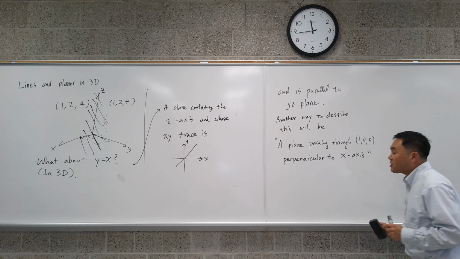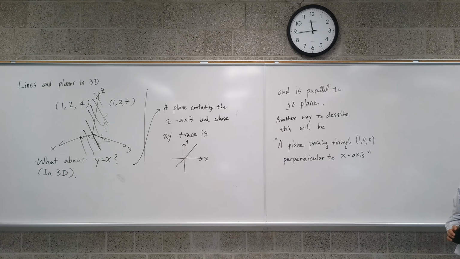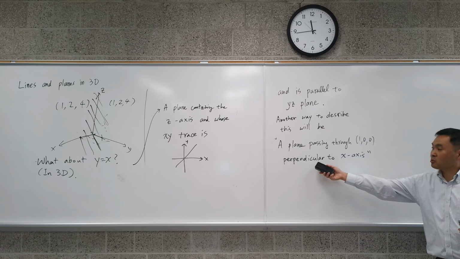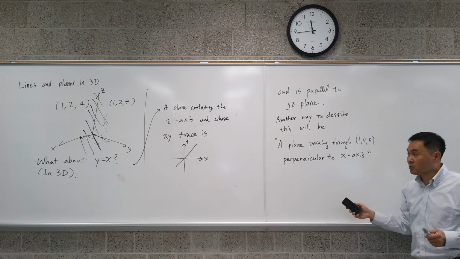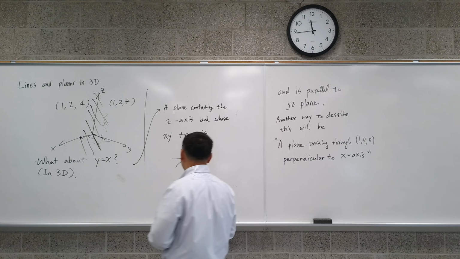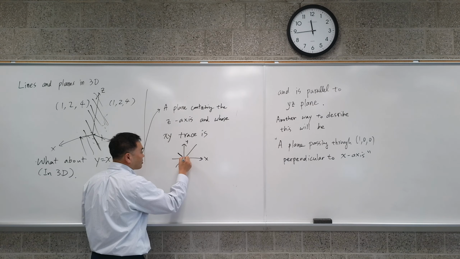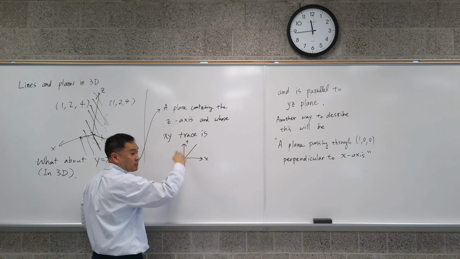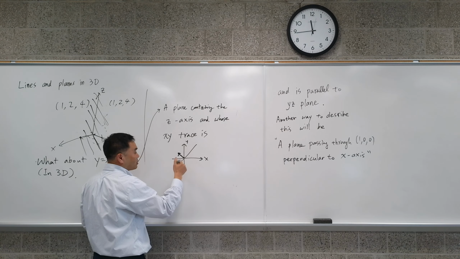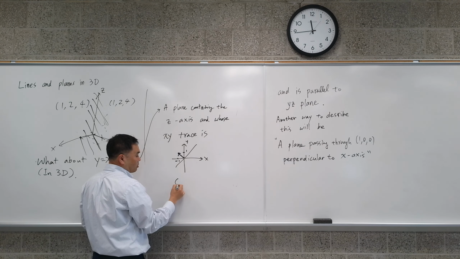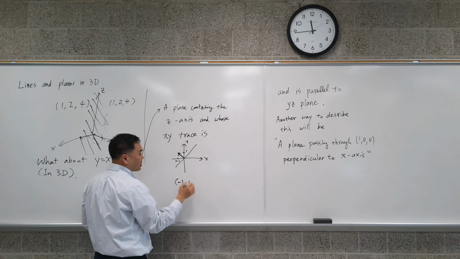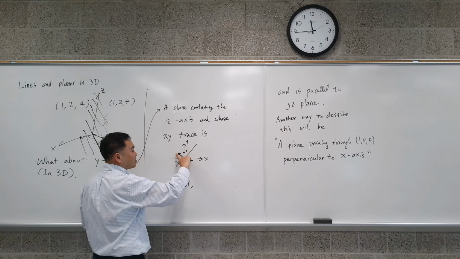Now, it turns out that the easiest way to describe a plane is to talk in terms of its normal vector, so to say that it's perpendicular to something. So here, there's this vector that's perpendicular to this plane, right? What is that vector? That's like -1 and 1. So -1, 1, and then this vector doesn't go up or down.